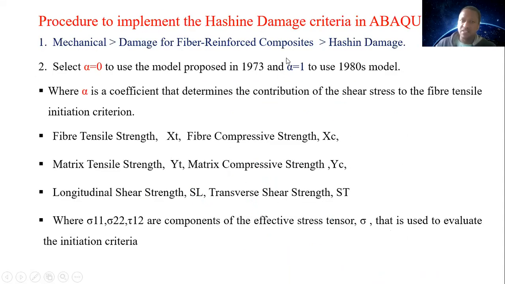So how can we implement these things? As you have seen, in mechanical damage for fiber reinforced Hashin damage, alpha equal to 0 is used for the 1973 model and alpha equal to 1 for the 1980 model. So alpha is the coefficient that determines the contribution of shear stress to the fiber tensile initiation criteria. The parameters XT, XC, YT, YC, SL, ST are the strength parameters which we already implemented in our case.